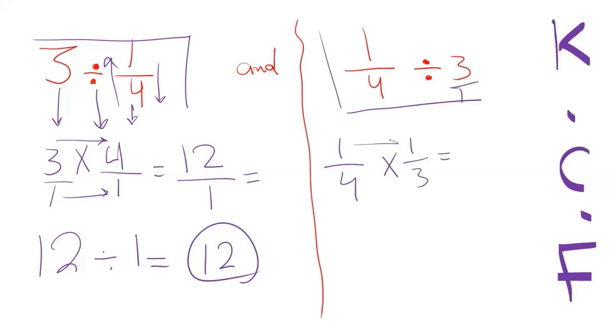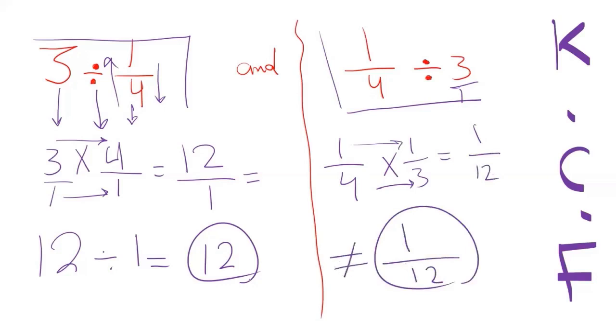So it will be 1 times 1 equals 1, 3 times 4 equals 12, and the final answer here equals 1 over 12, not equal to 12. So they are the same in both items, dividend and divisor. They have the same way of solution, KCF, but they have a different result. 12 is not equal to 1 over 12.